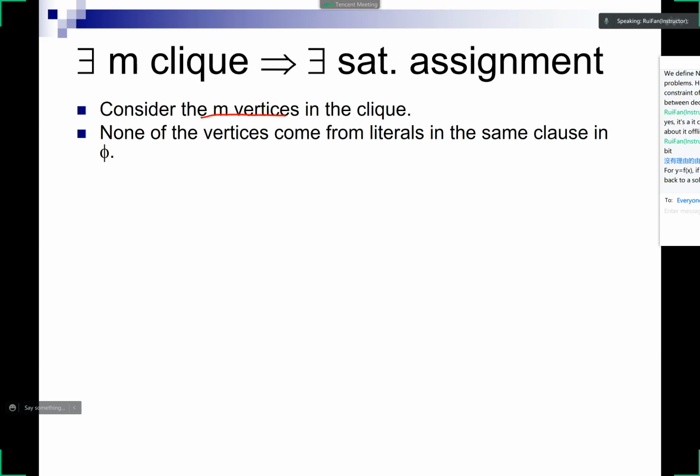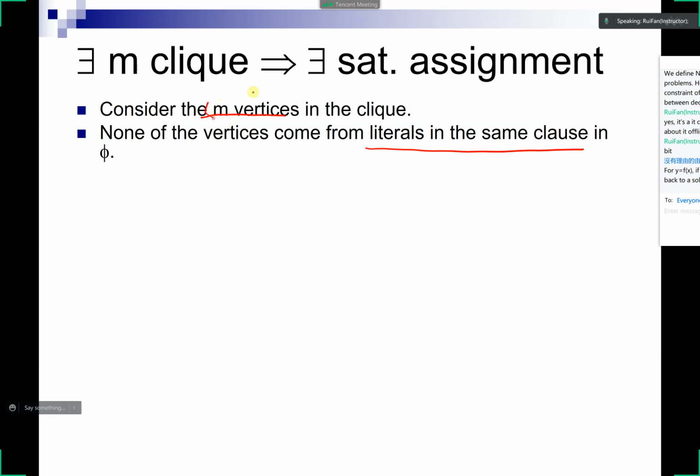The first thing is that because these vertices are all connected, they cannot correspond to literals from the same clause. If you take 3 literals from the same clause, they're not connected to each other by our construction. Our construction never connects literals within the same clause.